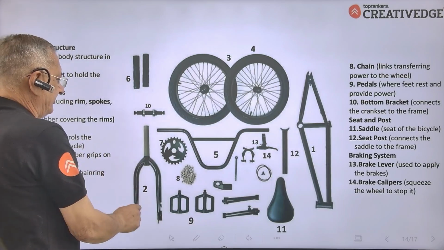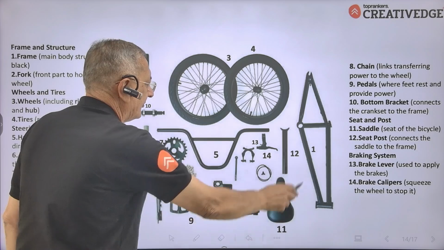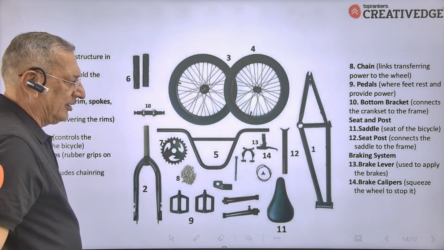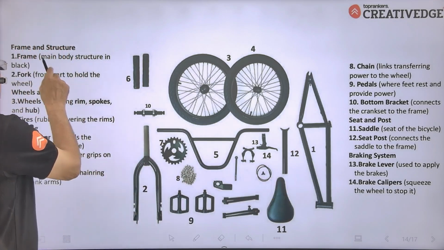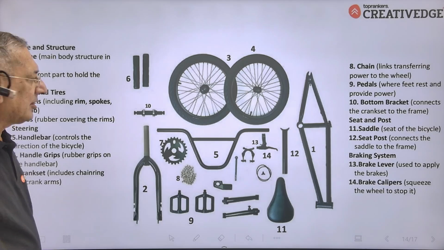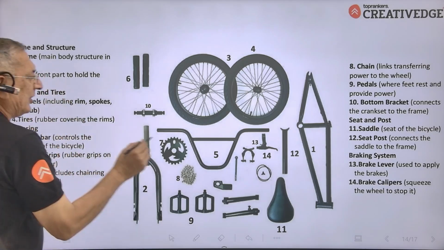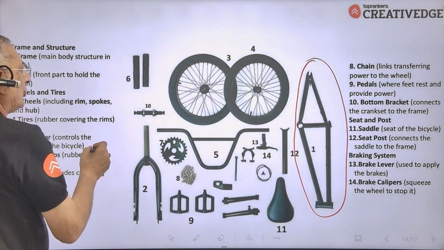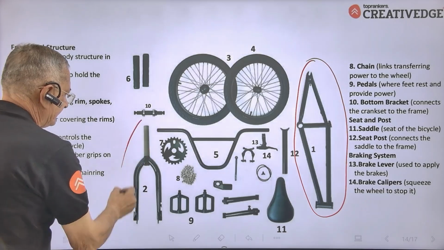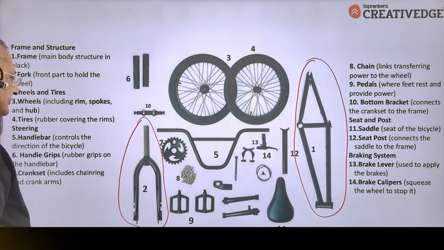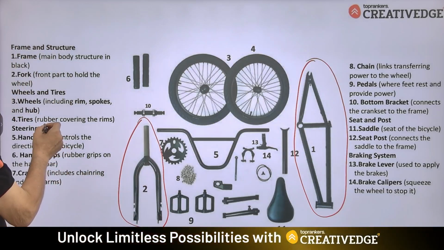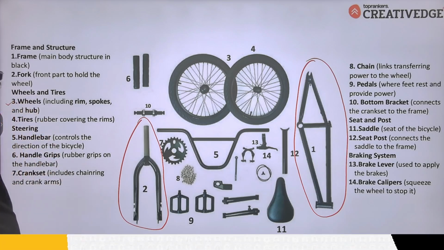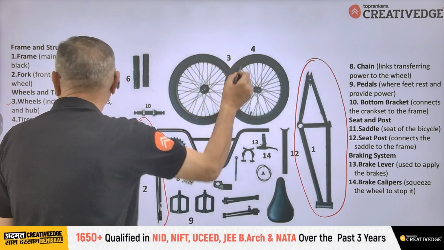Firstly, number them. Then, with only the numbers, write down the structure name. For example, number one is the frame. Two, the fork. Wheels and tires, three and four.